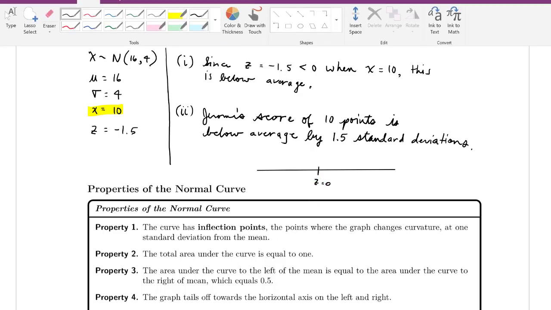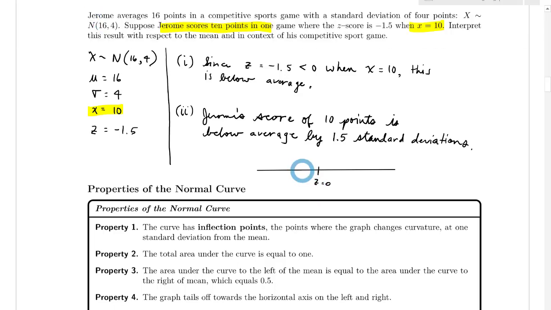And so negative 1.5 would be, here's negative 1 to negative 3: 1, 2, 3. That's the standard 1, 2, 3. And negative 1.5 is here. So this means that he's off to the left, which is below average, by 1.5 standard deviations.